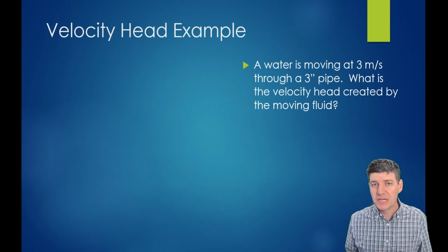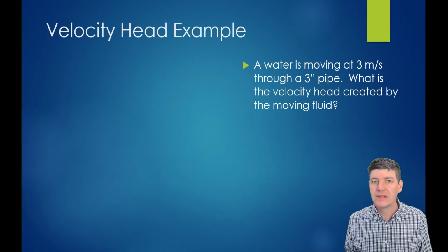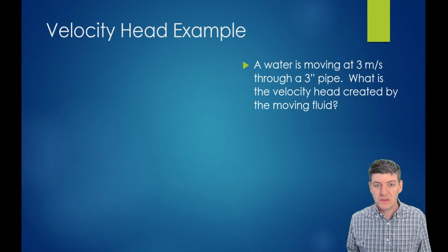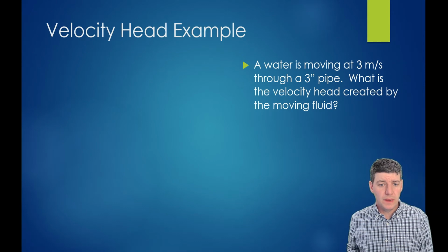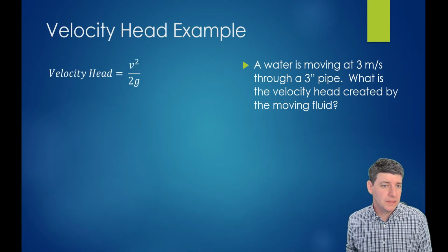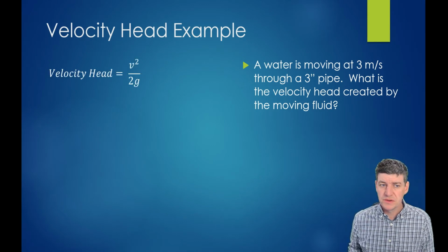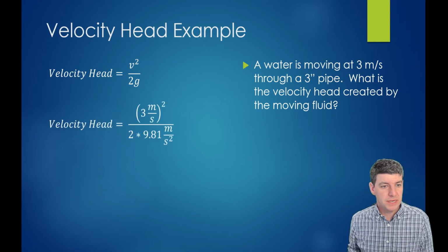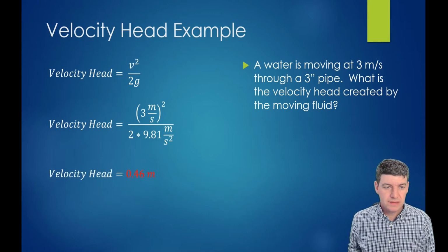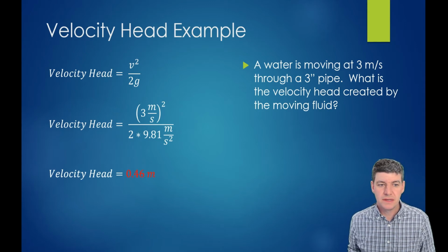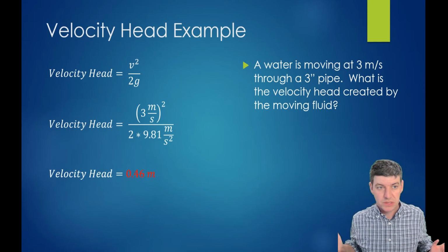So essentially, how much energy does that fluid have in terms of a column of water equivalent? Okay, well, we know that our velocity head is v squared over 2g. And if we punch in our 3 meters per second squared and then divide that by 2 times gravity, we would get, in this case, velocity head 0.46 meters.